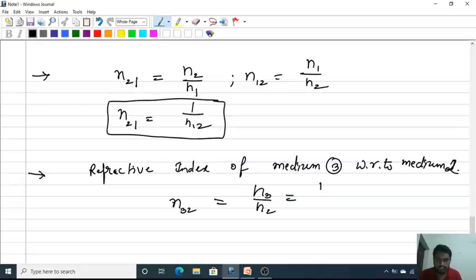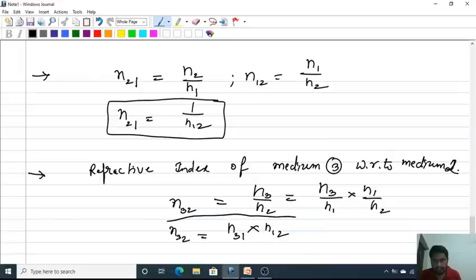I want to rewrite this expression as n3 by n1 into n1 by n2. If you cancel n1, you get back the same thing. Why am I writing it like this? n3 by n1 is n31, and n1 by n2 is n12. So n32 equals n31 into n12. The refractive index of the third medium with respect to the second can be represented in terms of the refractive index of the third medium with respect to the first, and the refractive index of the first medium with respect to the second. So these are the different relations.